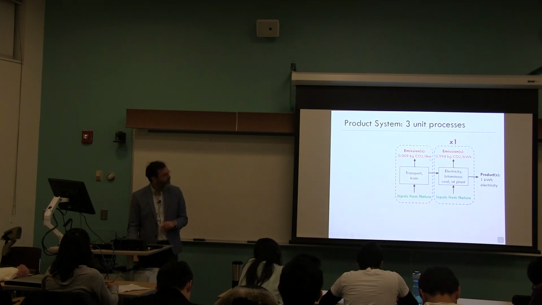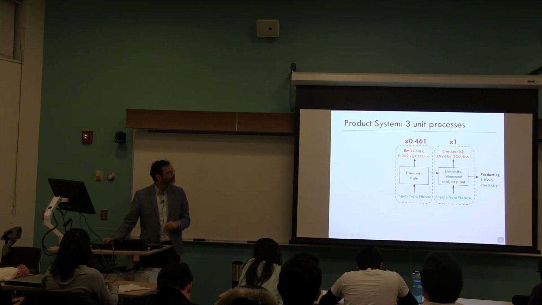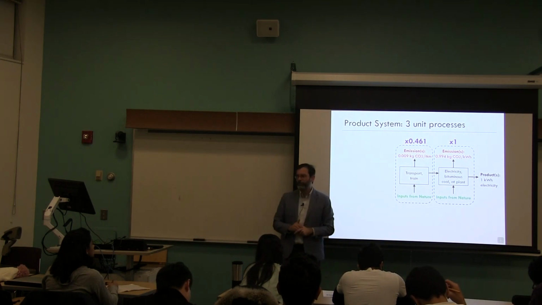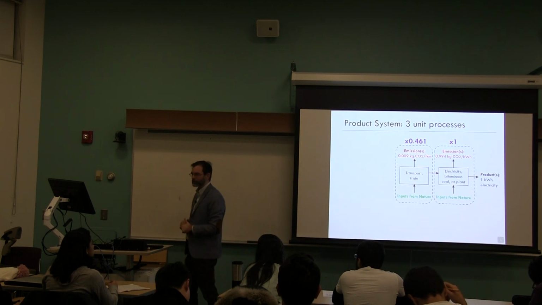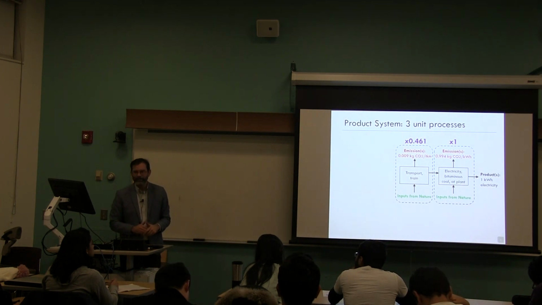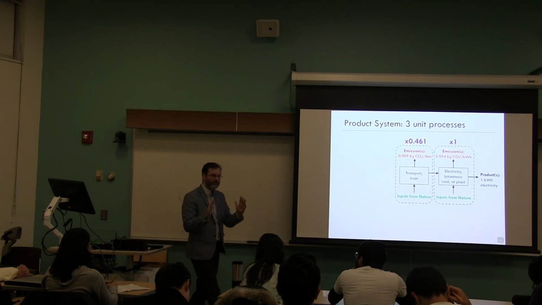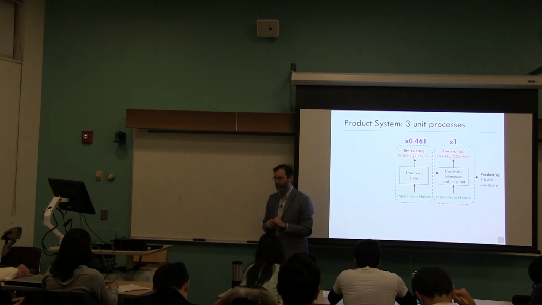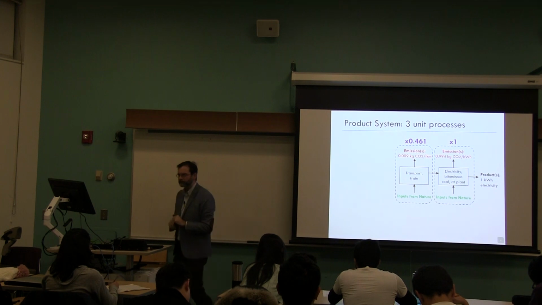And based on your earlier estimate, you know you need 0.46 ton kilometers to deliver enough coal to the power plant in order to generate your 1 kilowatt hour of electricity. One of these processes has been scaled to produce a reference point, 1 kilowatt hour.